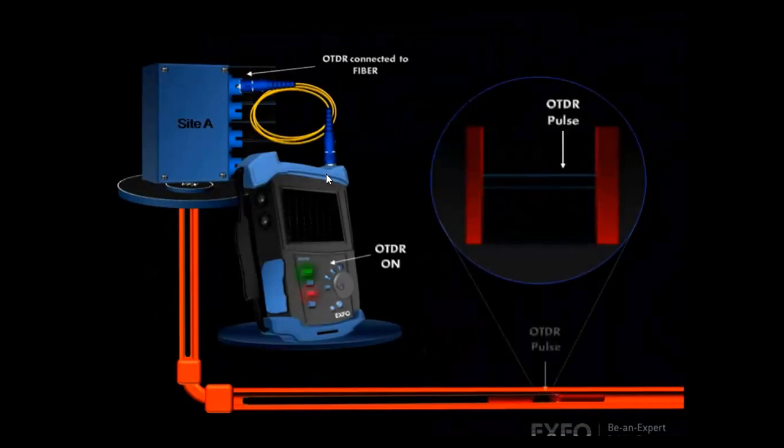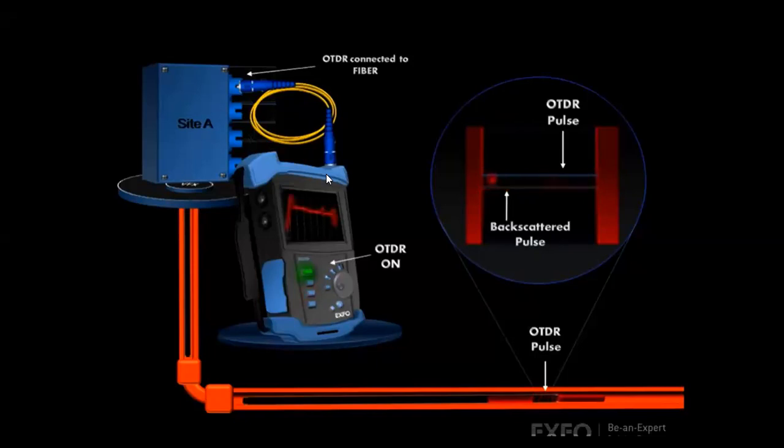The OTDR operates on a principle similar to radar. A pulsed laser signal is injected into the glass fiber, and the subsequent backscattered or reflected signal is timed and measured for both power and distance.